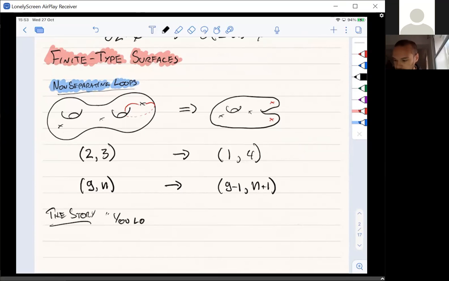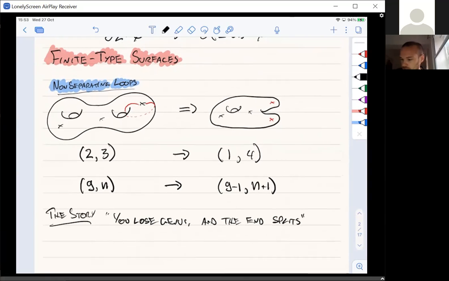If you cut along a non-separating loop, you lose genus and the end splits. Okay, that's what happens.